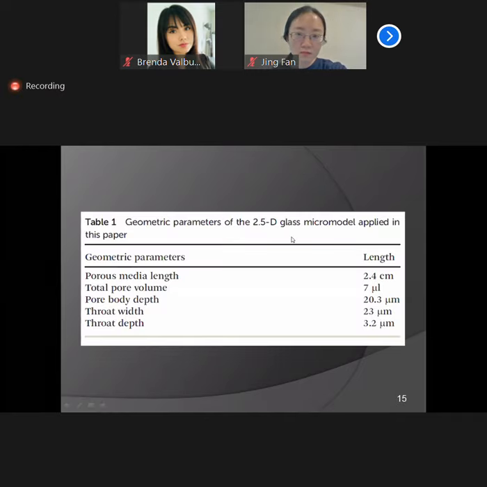So this is the geometry parameter of the 2.5D glass micromodel applied to these experiments. We can see the parameters here of the flow, all the flow, and the depth of the flow.